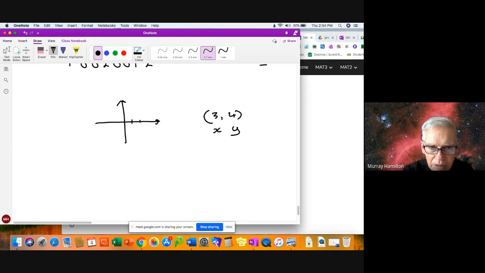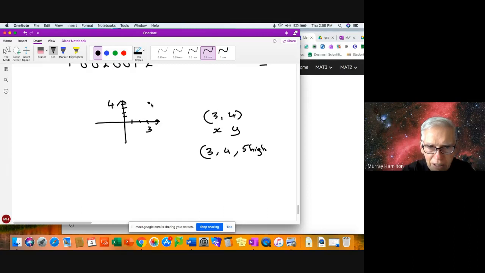So we go 1, 2, 3 along the x and 1, 2, 3, 4 along the y. Now, what if I wanted 3, 4, but I want it above the page? Hold on, I'll just get rid of this here. But I want it above the page. I want it 5 high above the page.